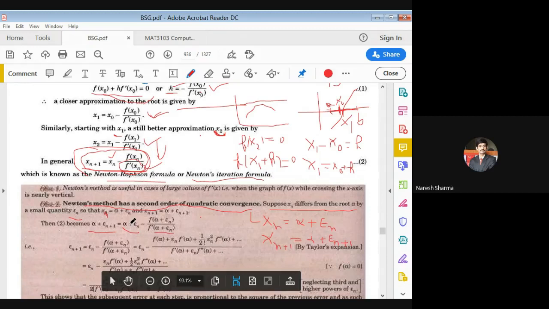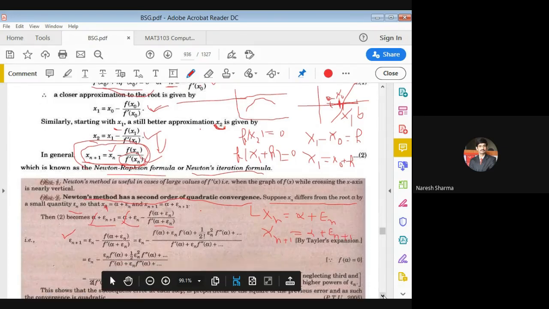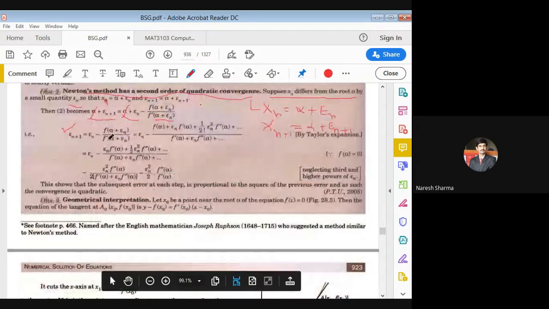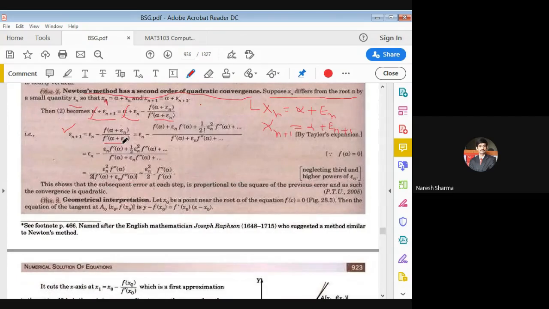Now we cancel out alpha on both sides. Now we are left with epsilon n plus 1 is equal to epsilon n minus f of alpha plus epsilon n divided by f dash of alpha plus epsilon n. Again we apply the Taylor series on the upper part and lower part, numerator and denominator.